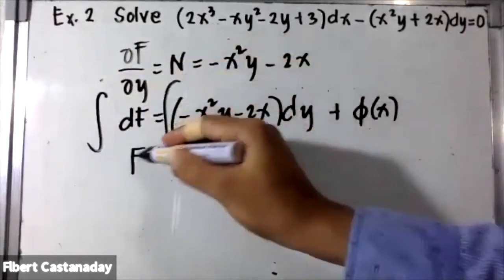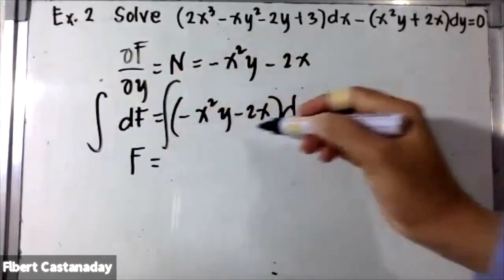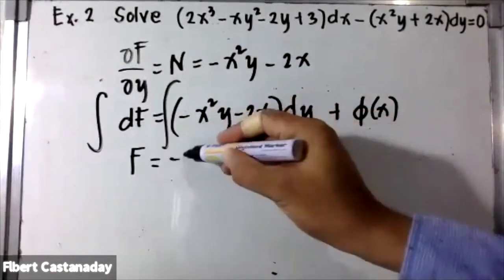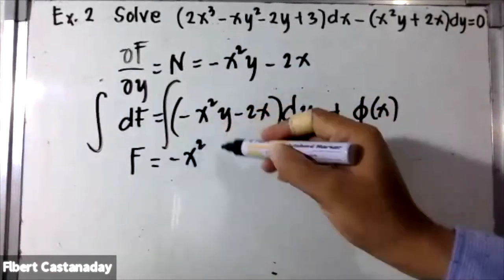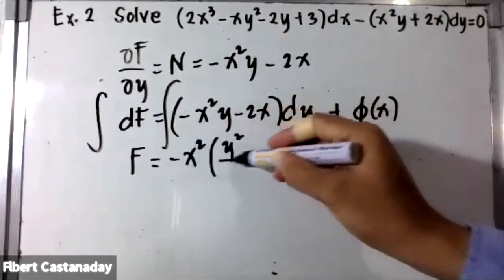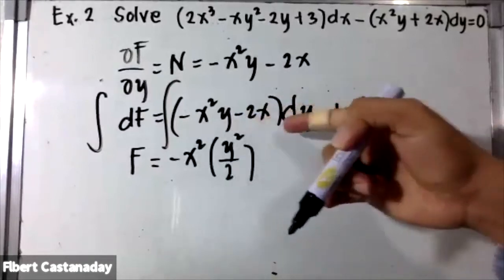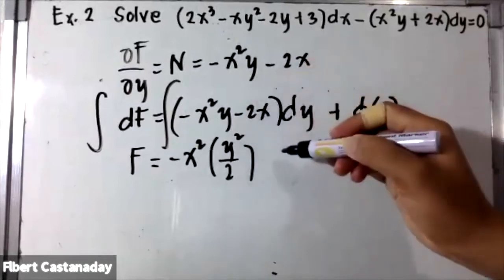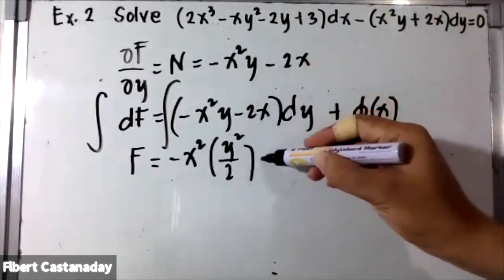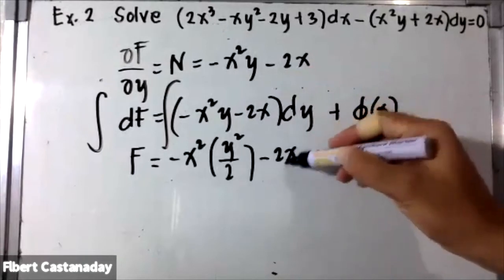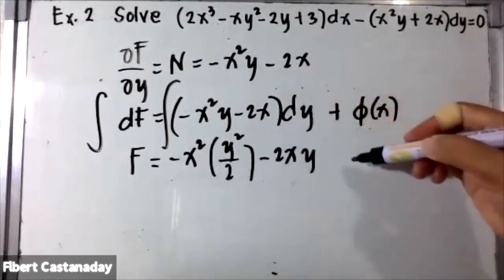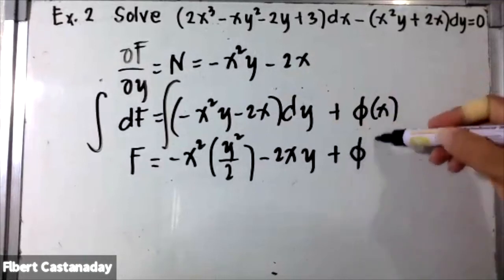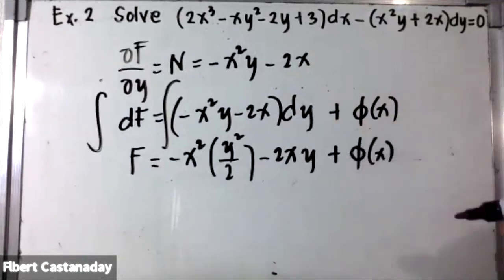We have f equal to, again, x is held constant, so we just copy minus x squared and then integrate y, which gives us y squared over 2. For the second term, you have minus 2x dy, so the variable x is held constant. We copy minus 2x, integrate dy, we have y. And then we copy the constant of integration represented by phi of x.